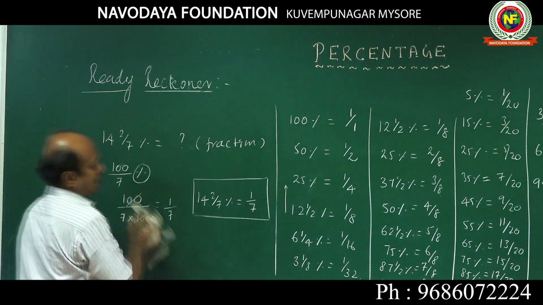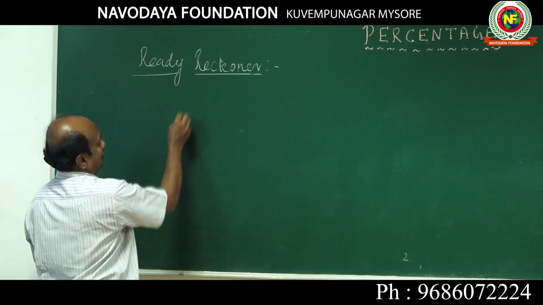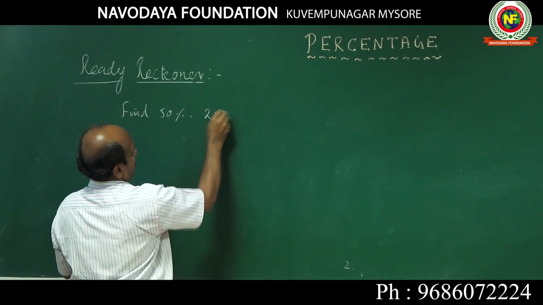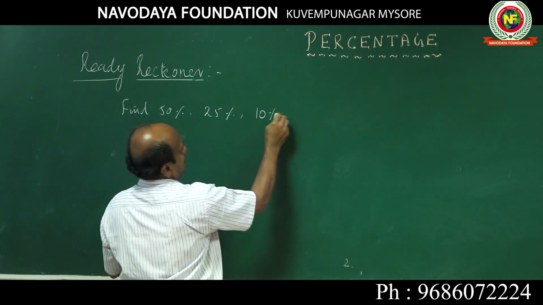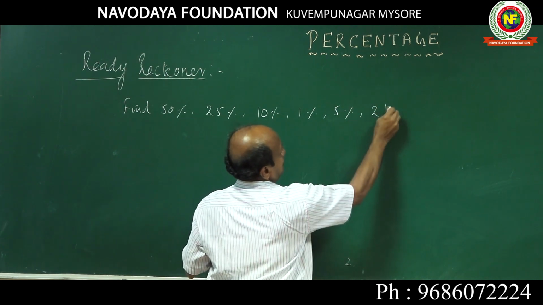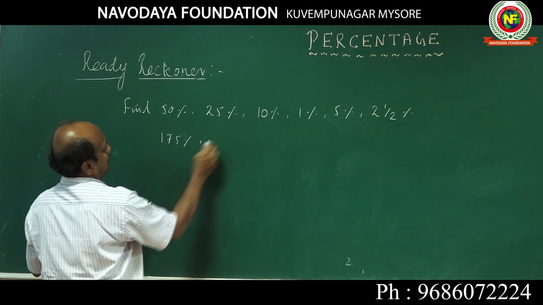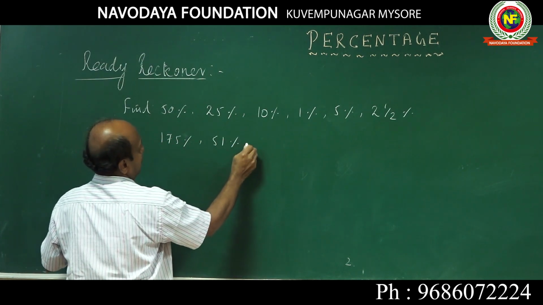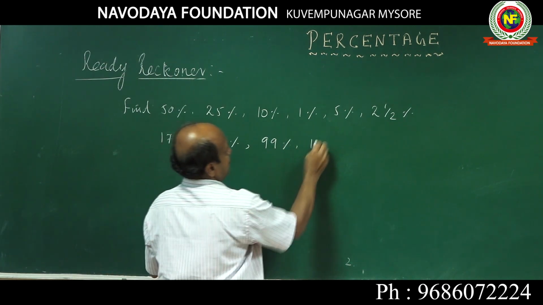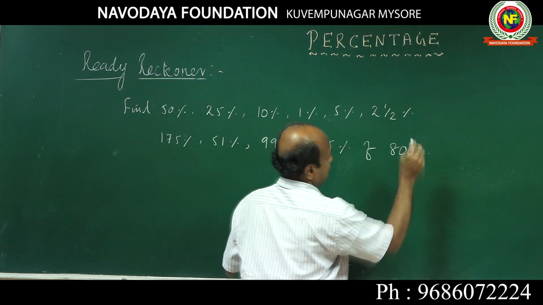Right, now next again, another ready reckoner we have to see. Way of solving problems. Find 50 percentage, 25 percentage, 10 percentage, 1 percentage, 5 percentage, 2.5 percentage, 175 percentage, 51 percentage, 99 percentage of, first I'll take a simple problem, 8,000.